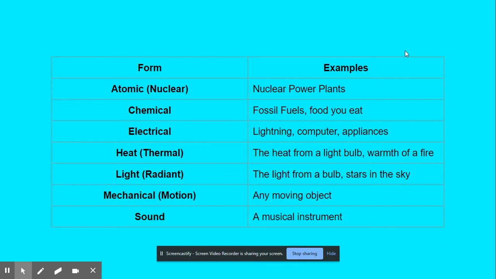Heat energy is the heat from a light bulb or the warmth of a fire. Light or radiant, like you could use a light bulb to radiate heat and break something, melt something. Remember that mechanical energy is energy in motion, anything that is moving. Sound energy would come from a musical instrument.